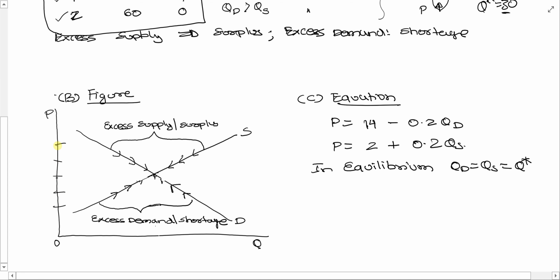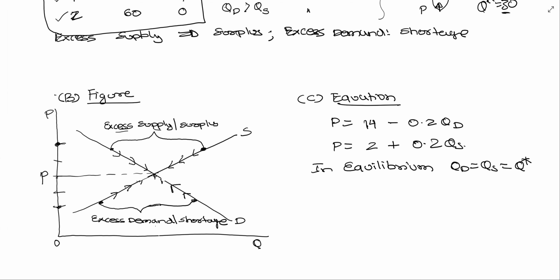For each price level, at this price level, there is more supply than demand. So there is excess supply. At this price level, there is more demand than supply, and hence there is excess demand. And so at all prices other than this, prices tend to be moving, or the market is not in equilibrium. The market has not cleared itself.